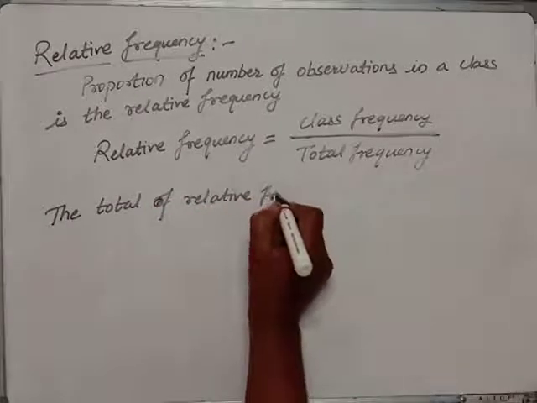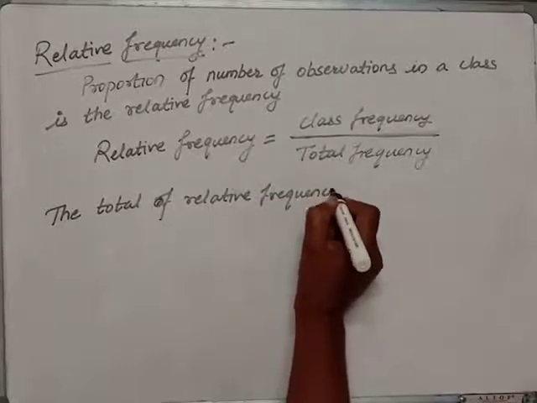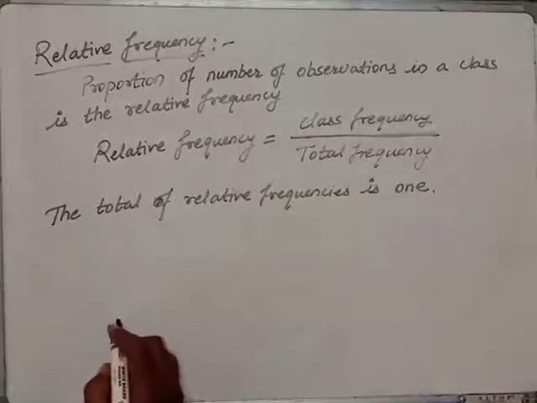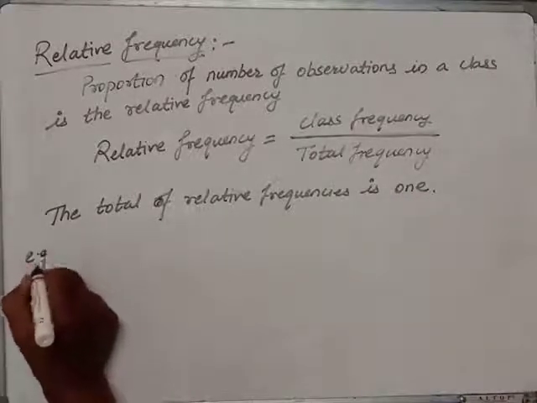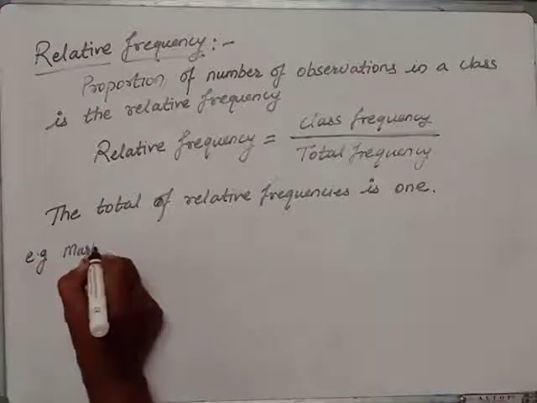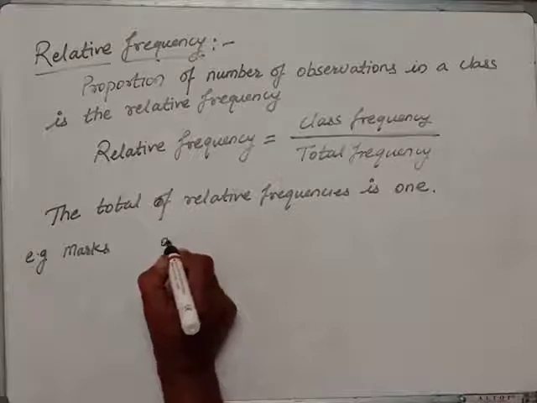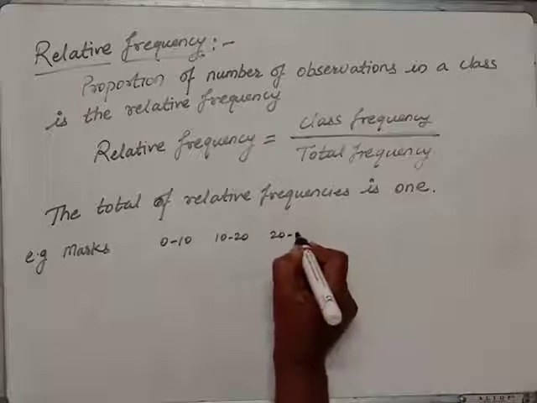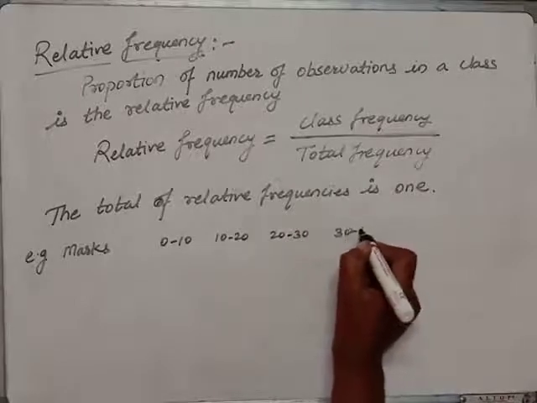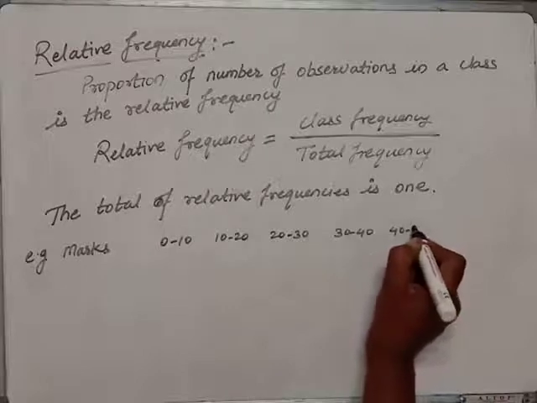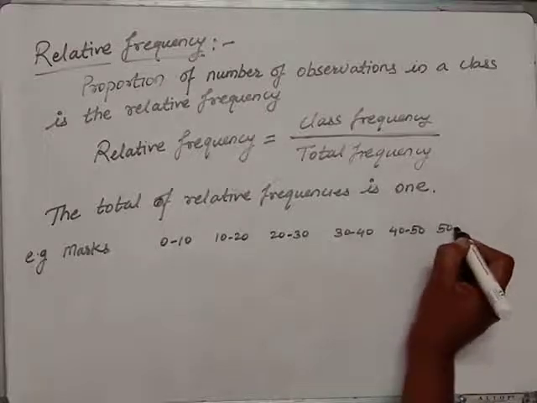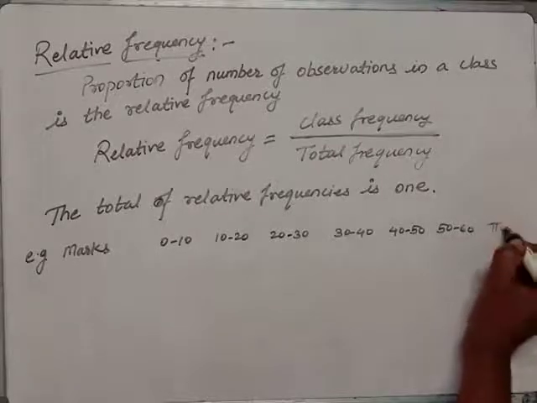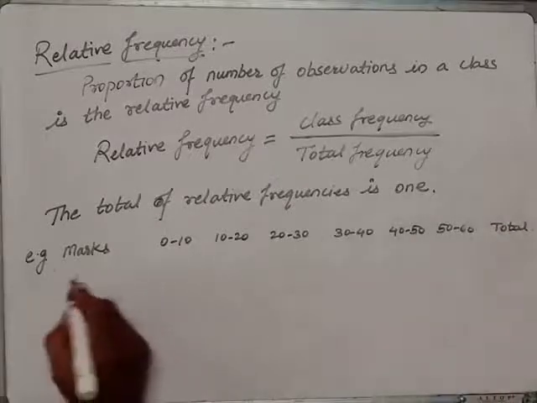The total of relative frequencies is 1. Now let me take an example. Marks, suppose 0 to 10, 10 to 20, 20 to 30, 30 to 40, 40 to 50, 50 to 60, and suppose here I will write total. Okay. Now frequency.